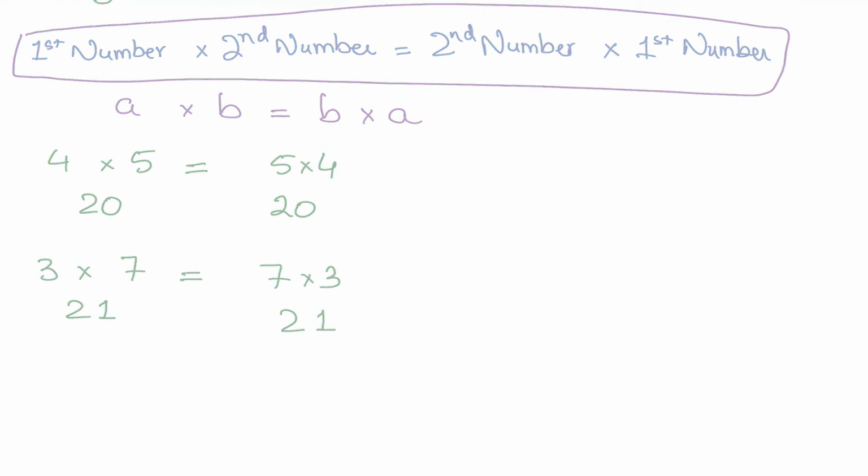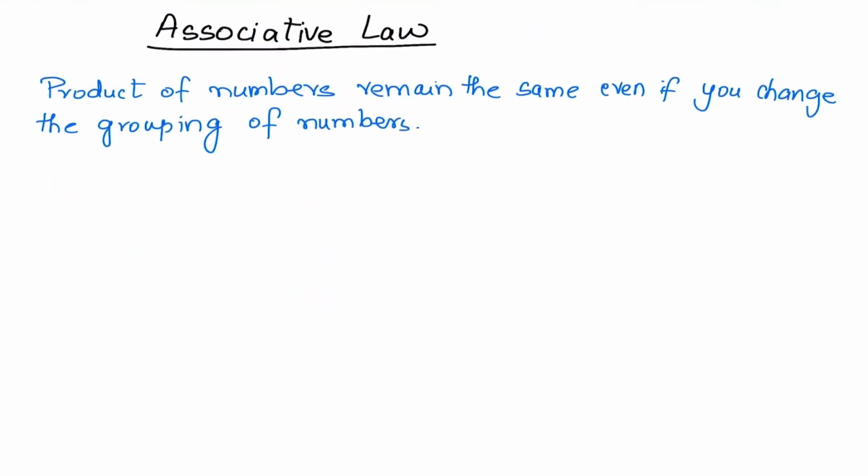Now let's move on to the associative law of multiplication. Associative law states that the product of numbers remain the same even if you change the grouping of numbers. From associative law of addition, we can recall that if you wanted to add 3 numbers, you can group them together and add them.